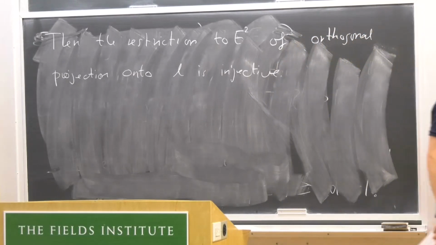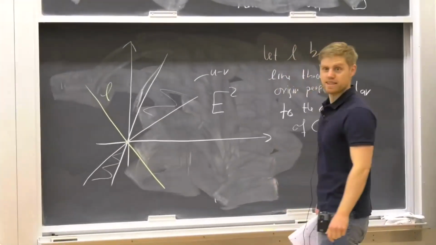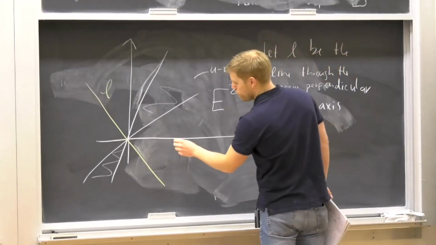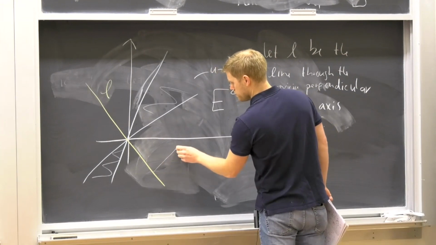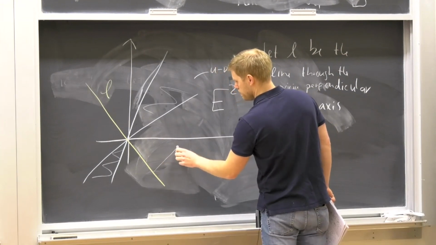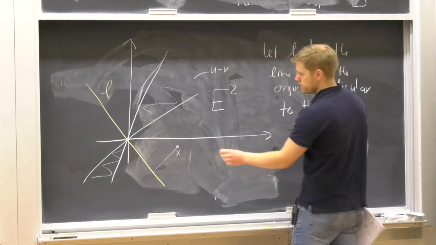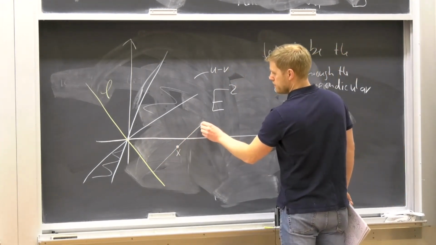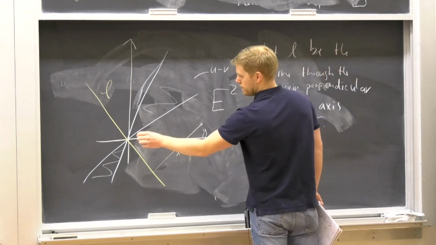And I'll go over to this picture again. Well, why is that? Because suppose you have a point, this point here, let's call it X in E square, and suppose there's something above it, Y, then the difference lies in this cone.